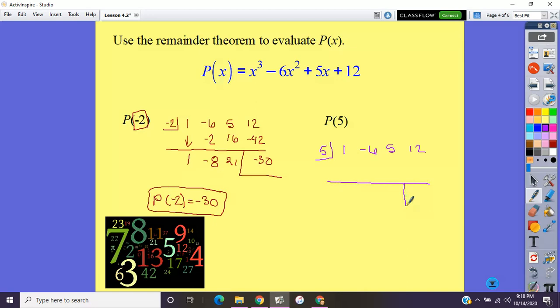So this is going to be the remainder, or the answer. So we drop 1, 5 is negative 1. Negative 5 is 0. 5 times 0 is 0. And then 12. That means that p of 5 equals 12. Hopefully that's what you got.